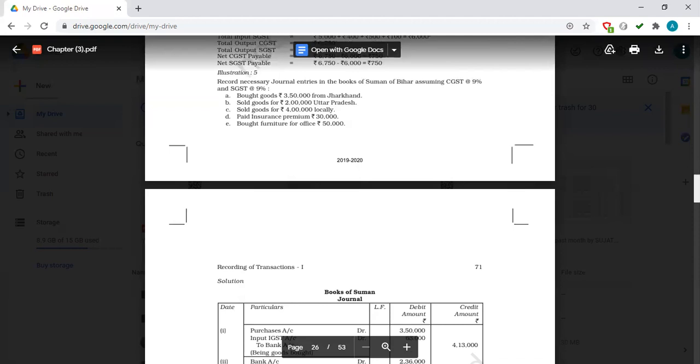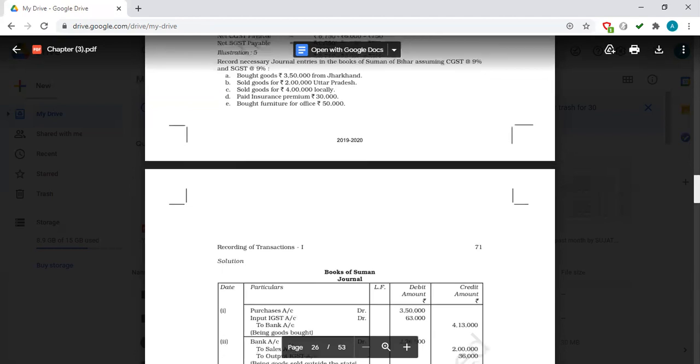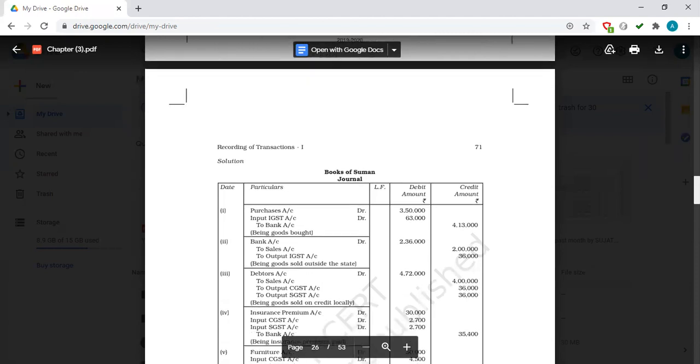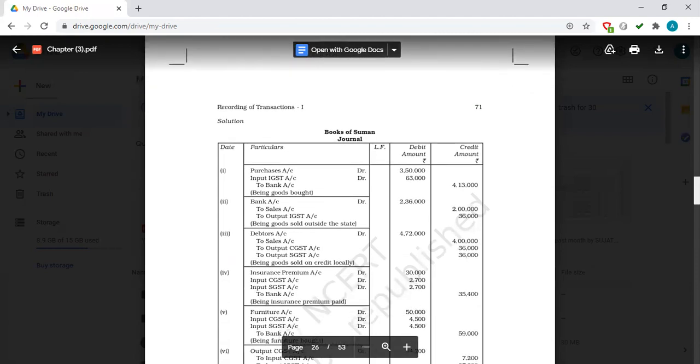Next, bought furniture for rupees 50,000, for office use. Furniture comes in real account, so furniture account debit 50,000.